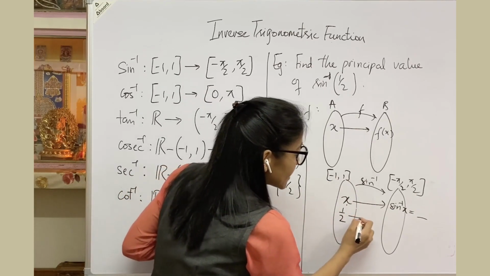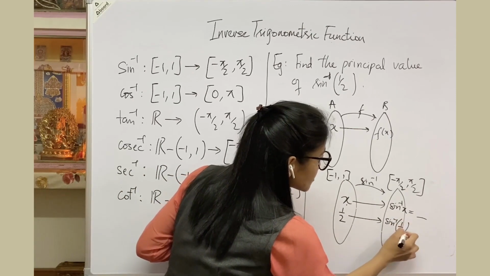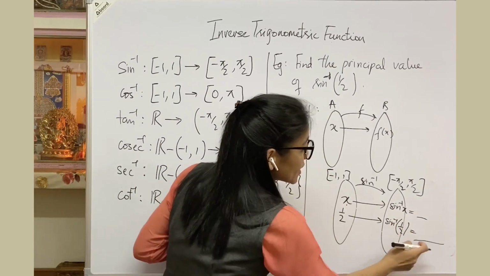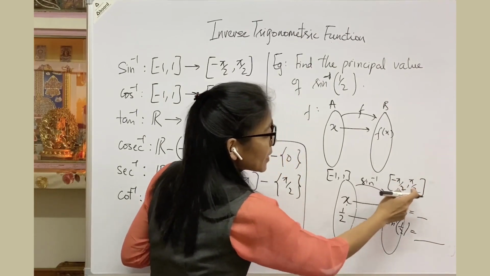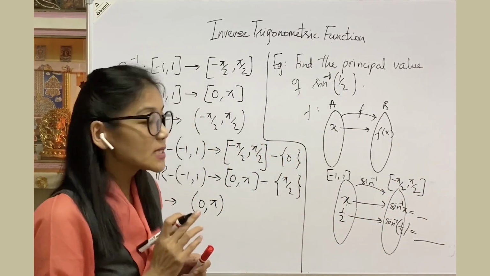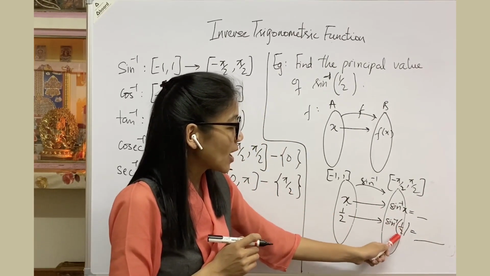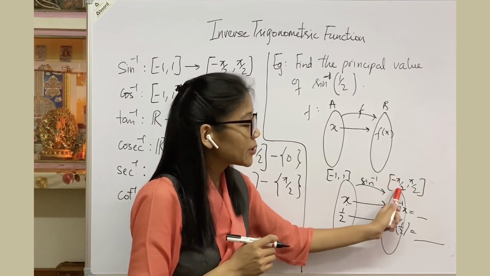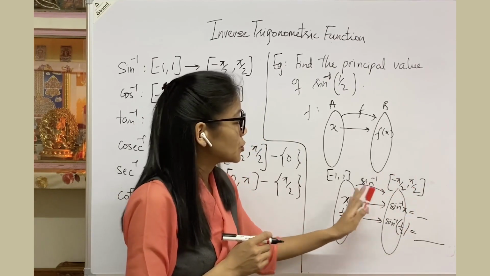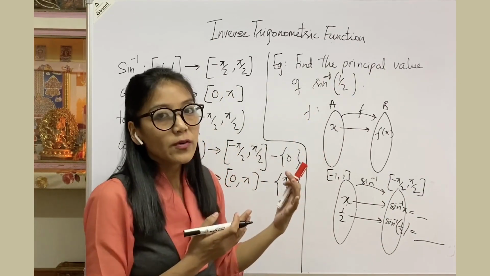Now you have to find its image, that is sine inverse of half. Whatever value you get here has to be between -pi/2 and +pi/2. So you should understand what actually you are finding out here.